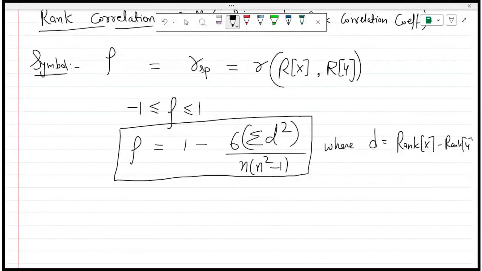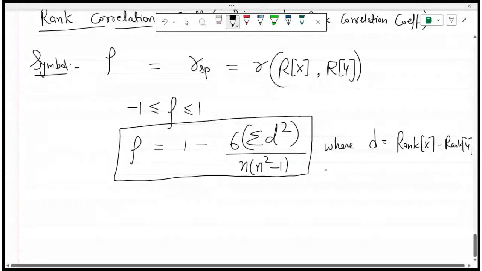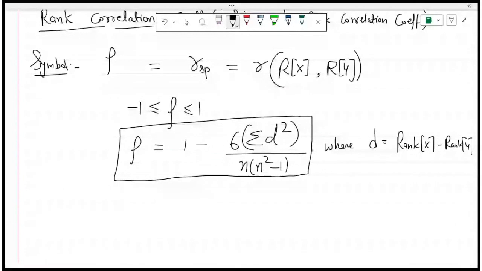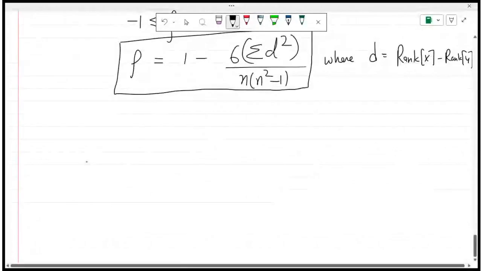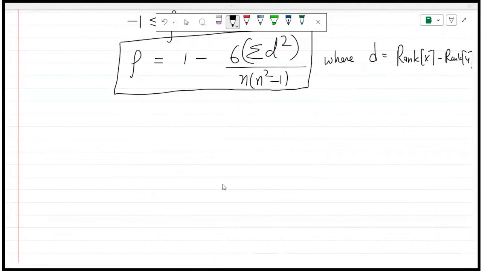Now in this way nothing will be clear, until we go to a real example. Okay, so let me do an example. Let me copy an example here. I am copying the example.